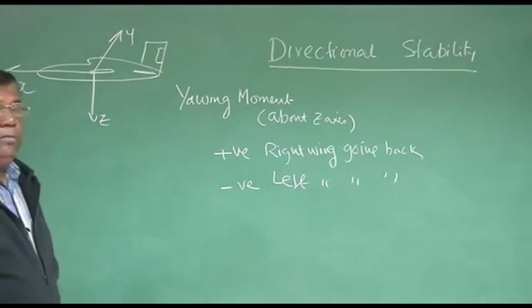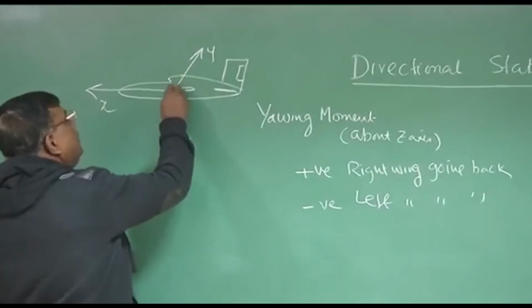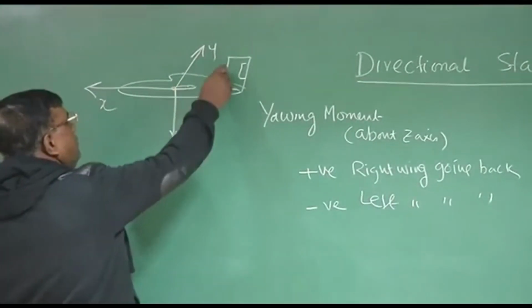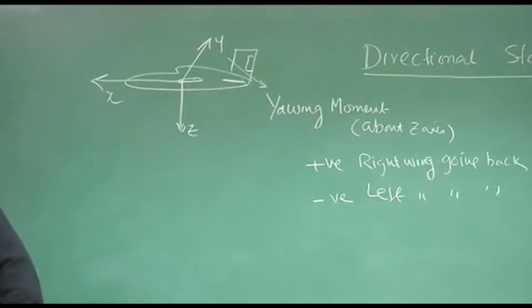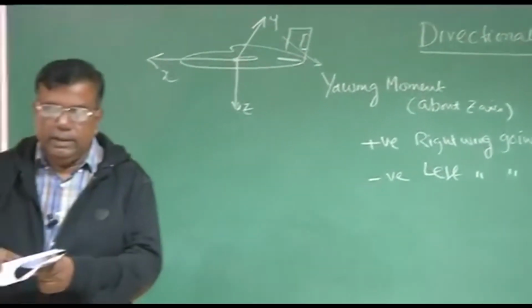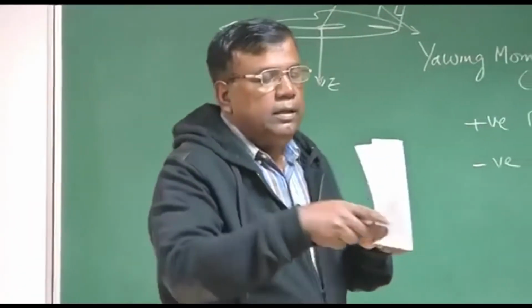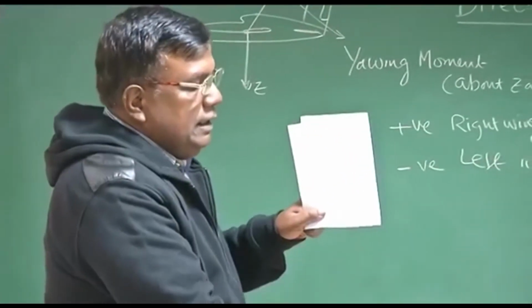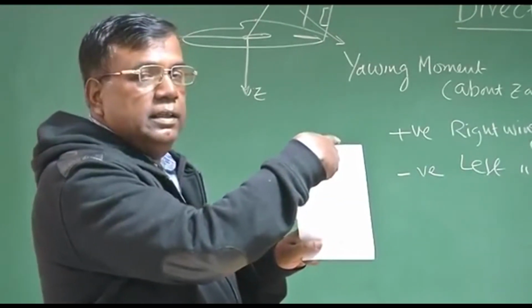Who causes this yawing moment? You can understand that if some motion has to be there about the z axis, then a force has to come like this, right. So, for example, if I see the vertical tail or vertical stabilizer, and this is the airplane, and z is here, if it has to turn like this, that means some force has to act here, right.